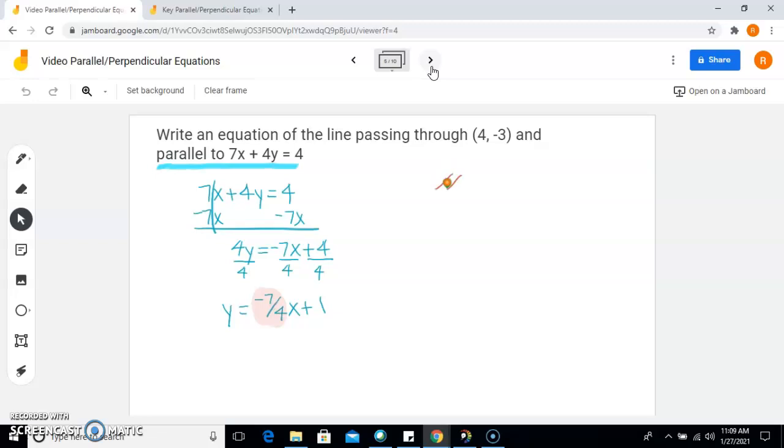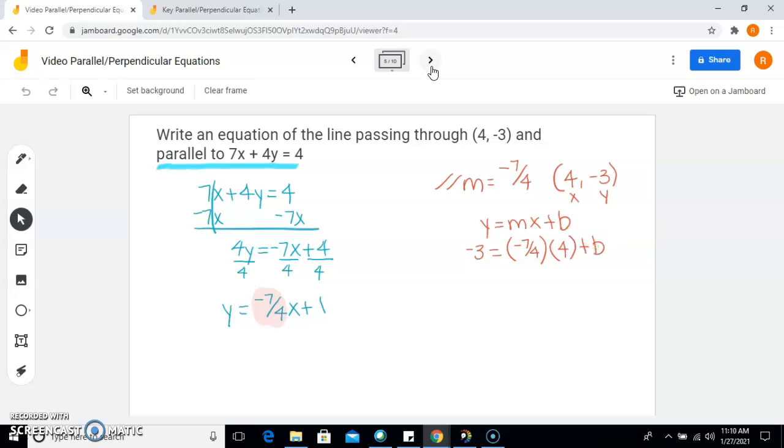My parallel slope is also -7 over 4, and it's passing through the point 4, -3, which is my x and my y. I'm going to substitute into y equals mx plus b so that I can solve for my y-intercept. I have -3 equals -7 over 4 times 4 plus b.